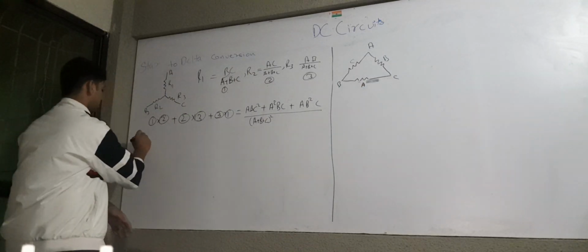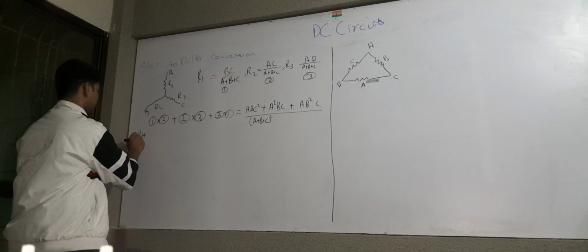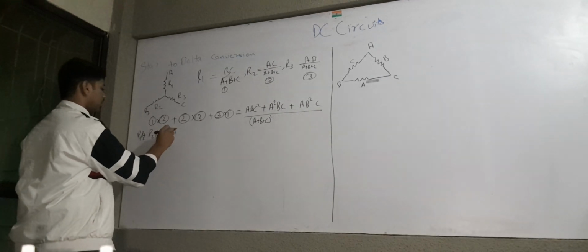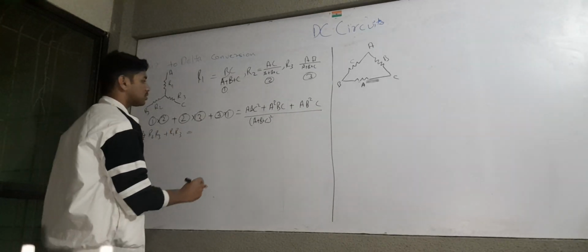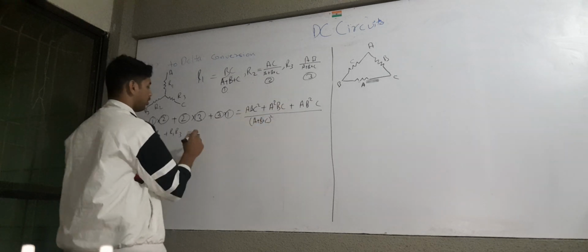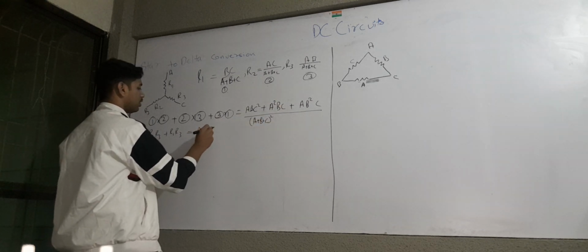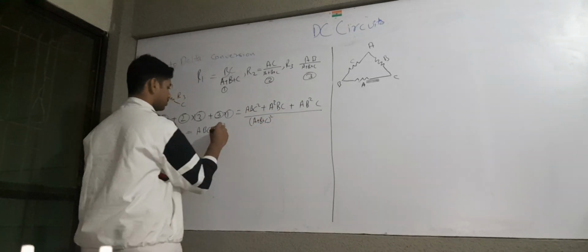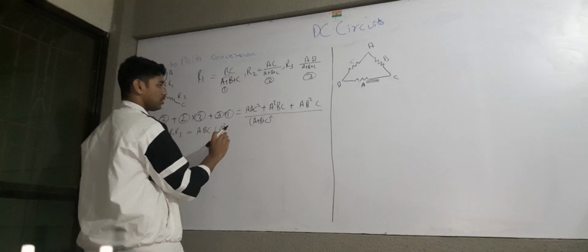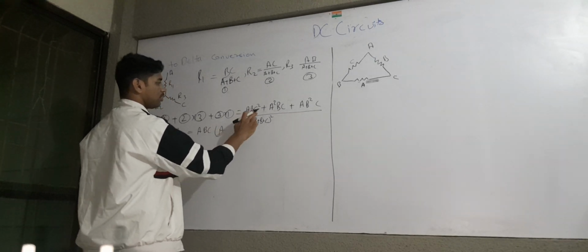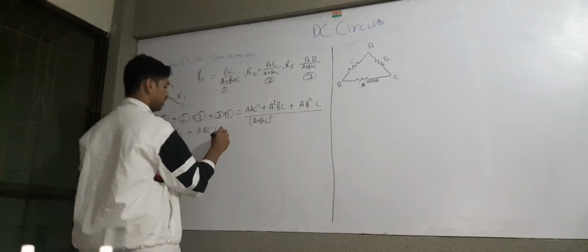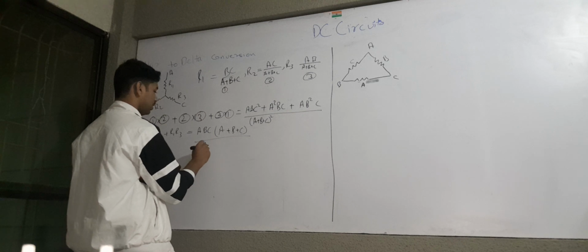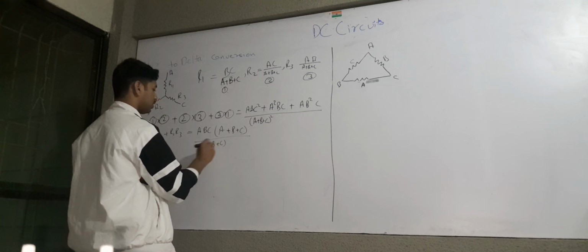So R1 R2 plus R2 R3 plus R1 R3 gives us, we take a b c common, and it leaves us with c square plus a square plus b square, which is nothing but a plus b plus c divided by a plus b plus c the whole square.